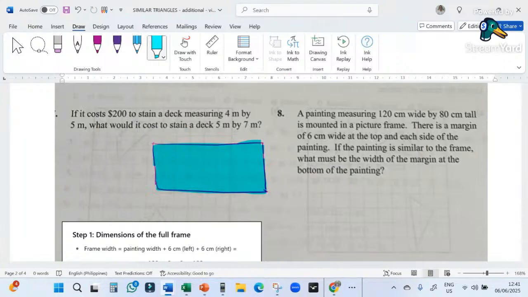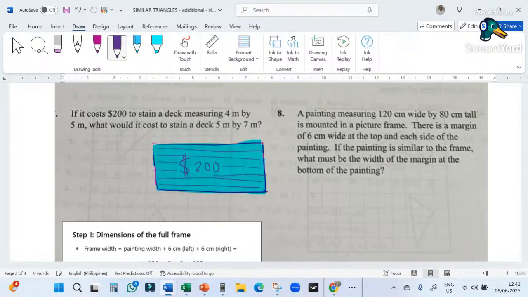So if it takes, say, $200 to stain this deck measuring 4 by 5. Of course, this is not a plain wood. It could be panels. So there will be panels of wood here, like the flooring.